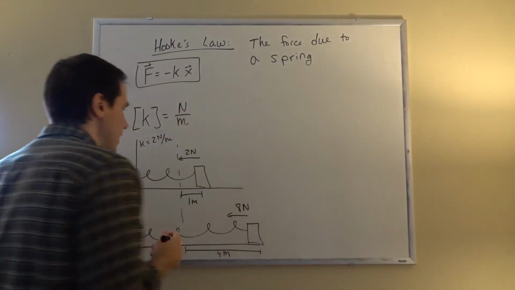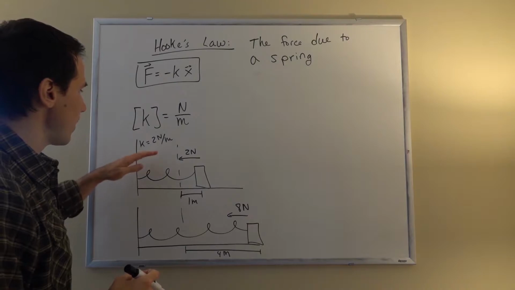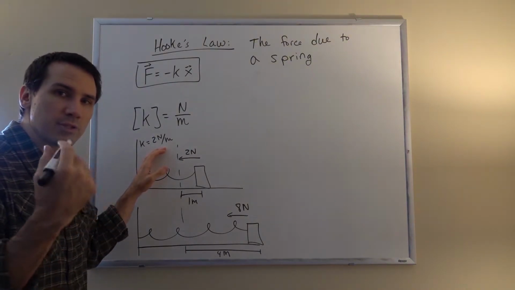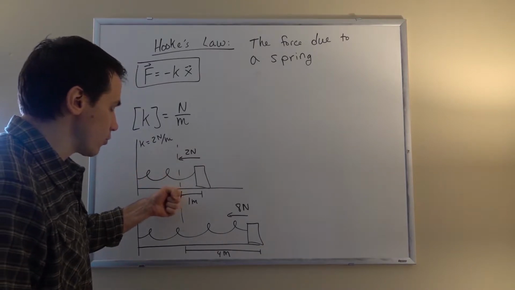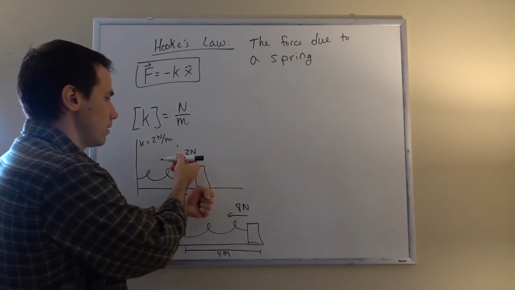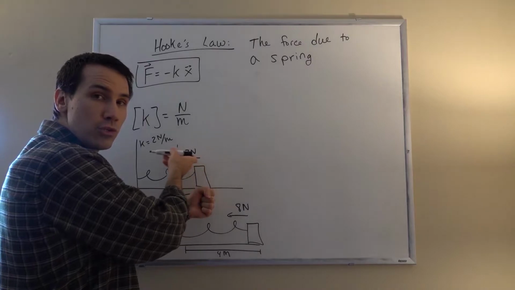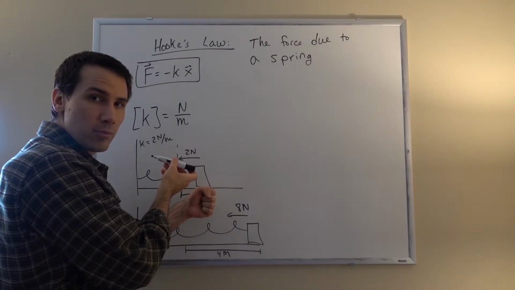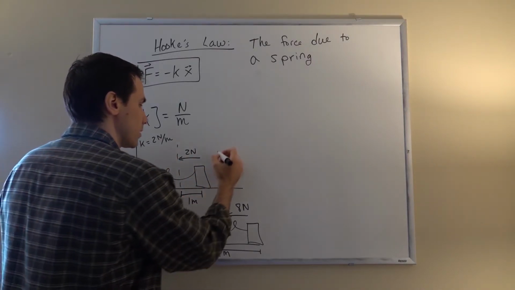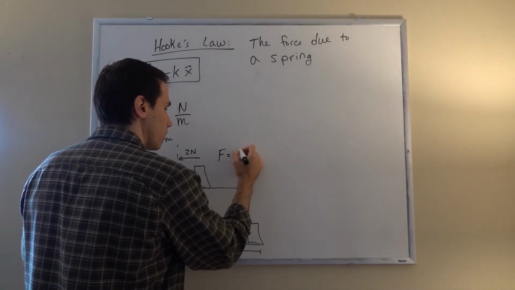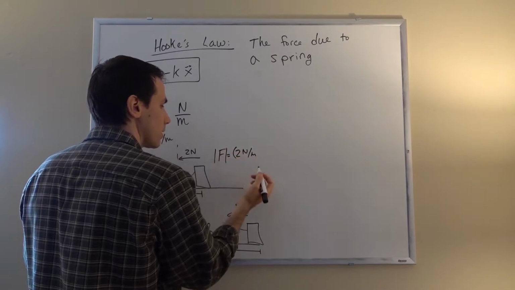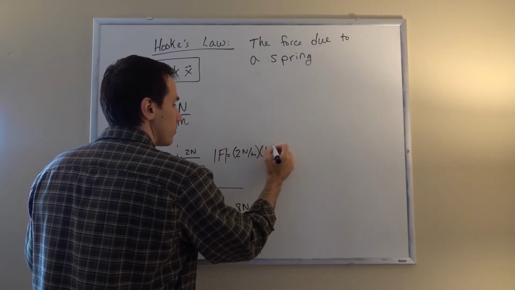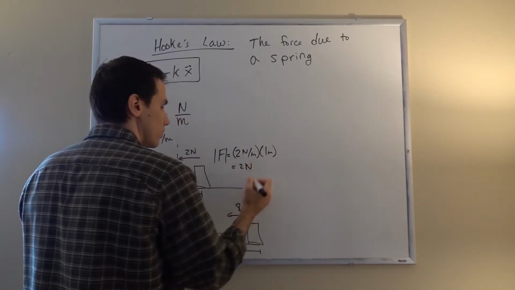So as just kind of a visual example of this, imagine that I have a spring with a spring constant of 2 newtons per meter. That means that if I stretch the spring 1 meter, the spring applies a 2 Newton force back on me, right? Because force would equal 2 newtons per meter, and I'll just do a magnitude here, multiplied by 1 meter is 2 newtons.